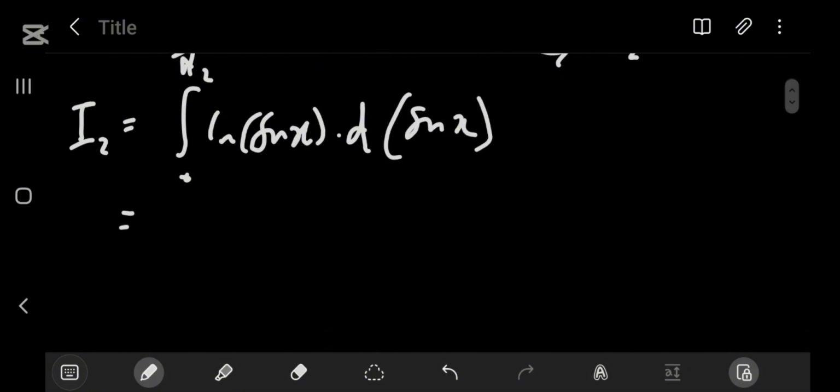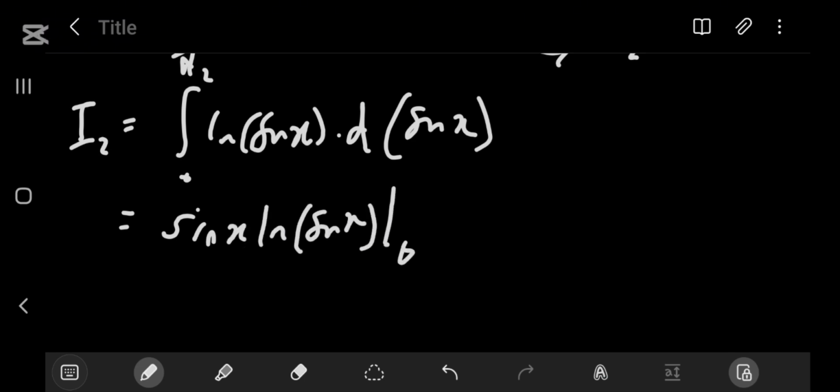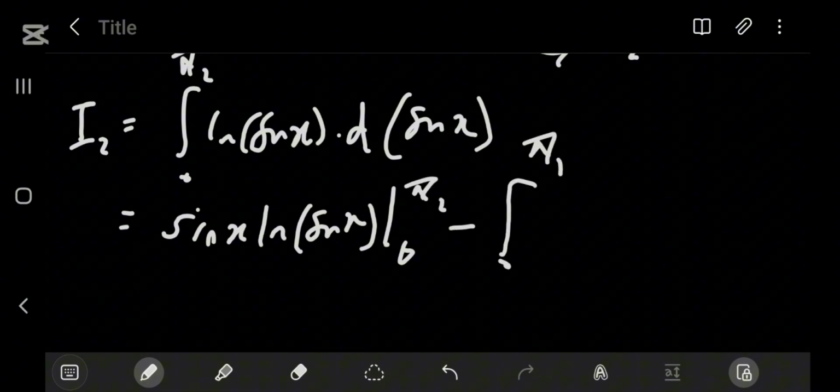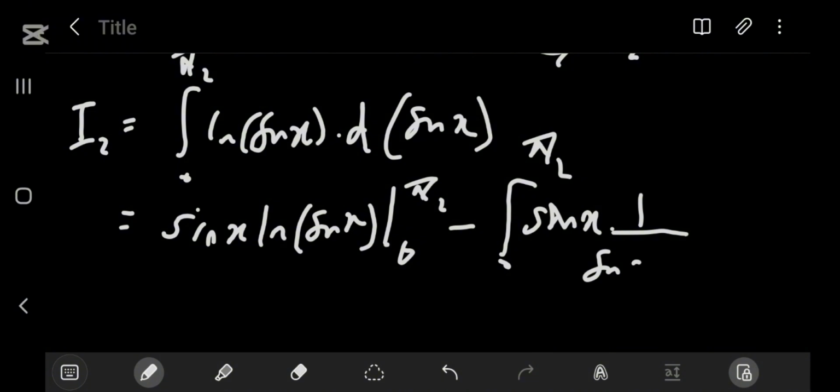So when we do some integration by parts here, we'll get sin x ln sin x from 0 to pi by 2, minus the integral from 0 to pi by 2 of sin x dot 1 over sin x d sin x.